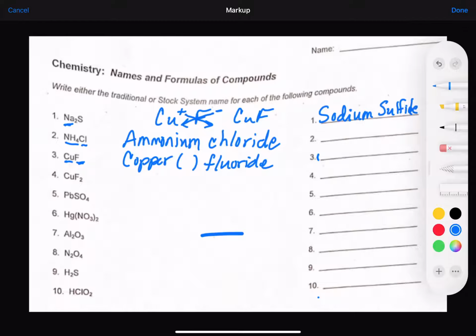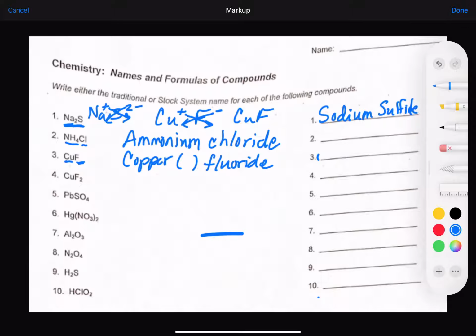An example for another compound: if you look at number 1, sodium sulfide, to figure out that you need 2 sodiums, sulfur is in group 16. It needs 2 electrons, so it's a 2- charge. Sodium is in group 1. It has 1 electron to give away, so it's a +1 charge. When you look at those 2 ions to figure out the formula, you switch these numbers to become subscripts of the opposite element.